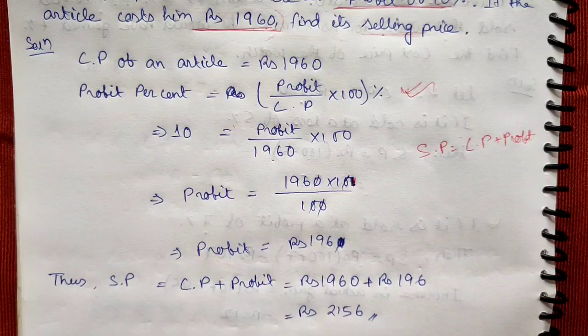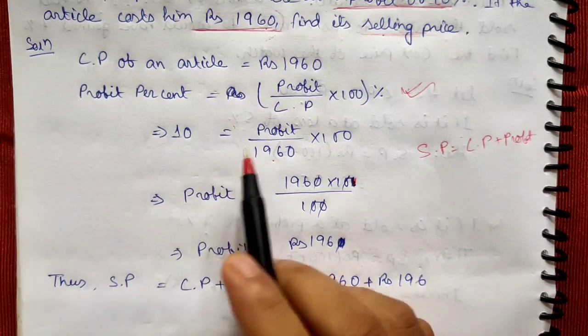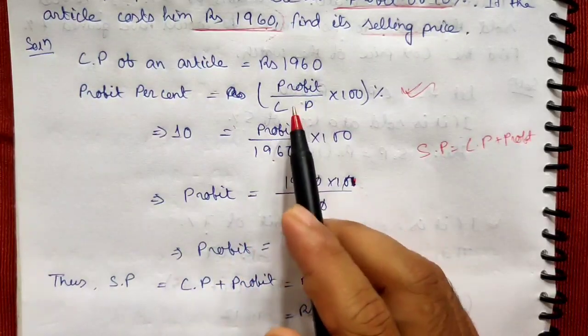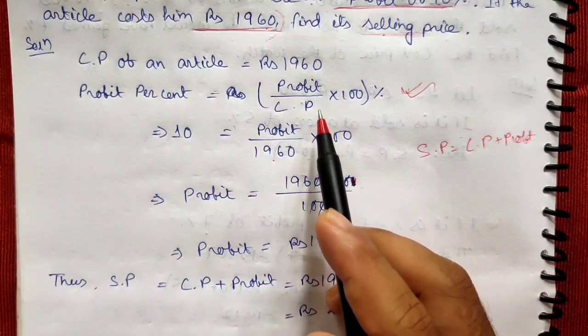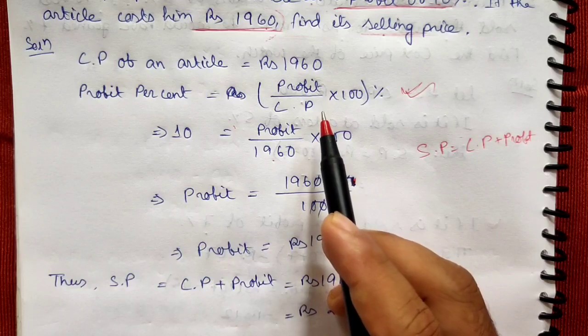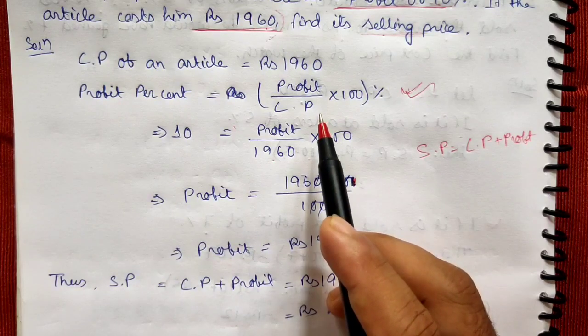I hope you are clear how to find out selling price if profit percent is given and cost price is given. What we have done? We have found the profit from profit percent by using the formula profit percent equals profit by CP into 100. With this formula, we have found the profit.